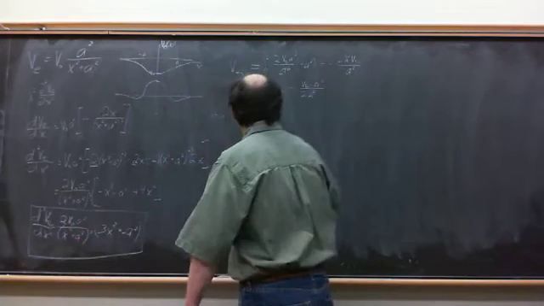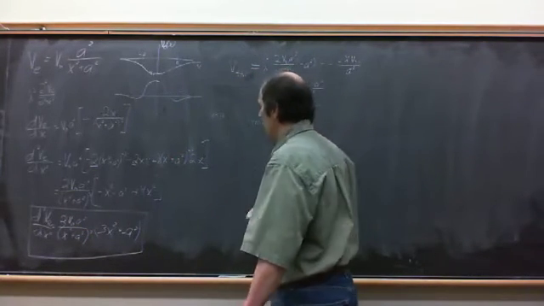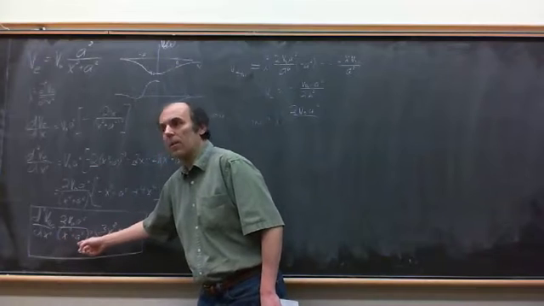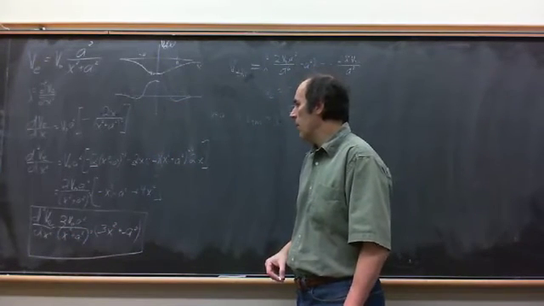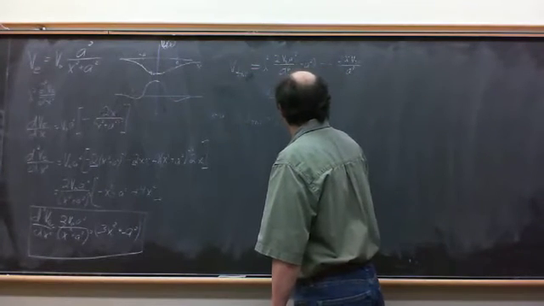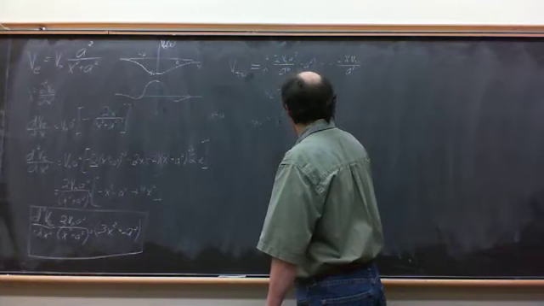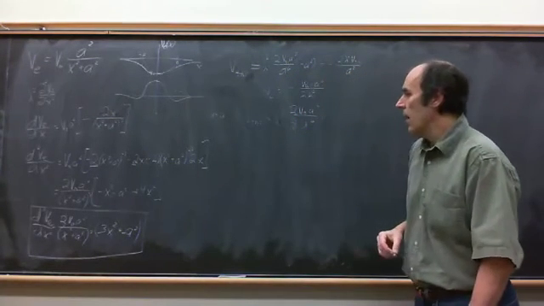This is 2 v naught a squared, and now this is a squared plus a squared, quantity cubed. So it becomes 2 to the third, or 8 a to the 6, with x equal to a.